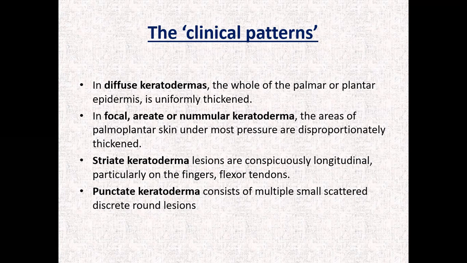The punctate lesions are smaller and discrete as compared to the focal, areate, or nummular keratodermas. The nummular keratodermas are particularly present on the pressure areas, while punctate keratodermas are present anywhere on the plantar or palmar skin, and they are small and discrete.